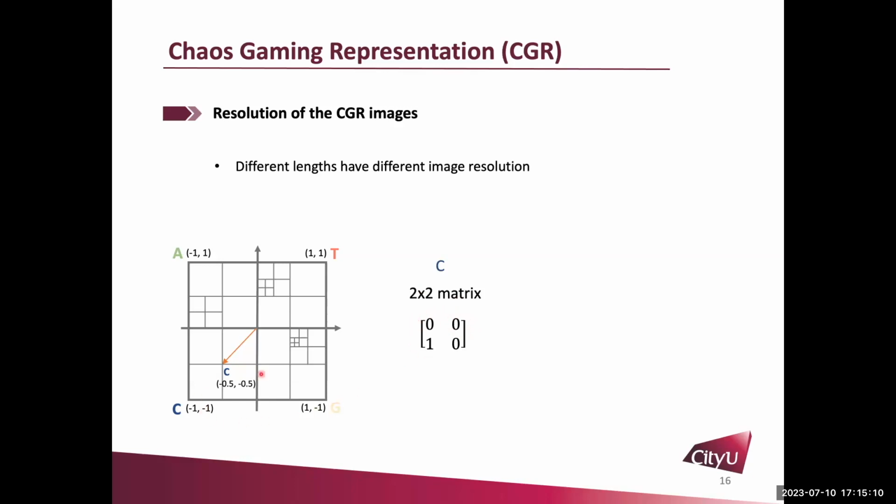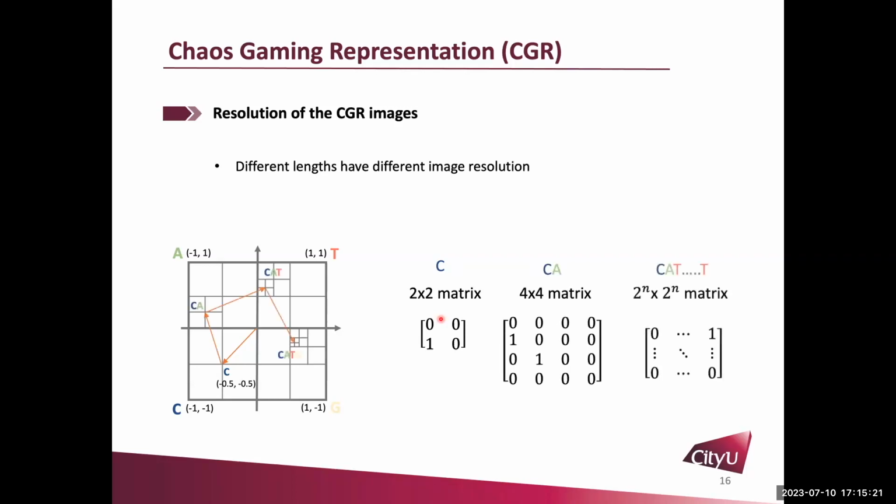So we still need to convert the float coordinates into integers. And with the increase in length, the image will become larger and larger, resulting in images with different shapes. But most of the models can only handle images with the same shape.